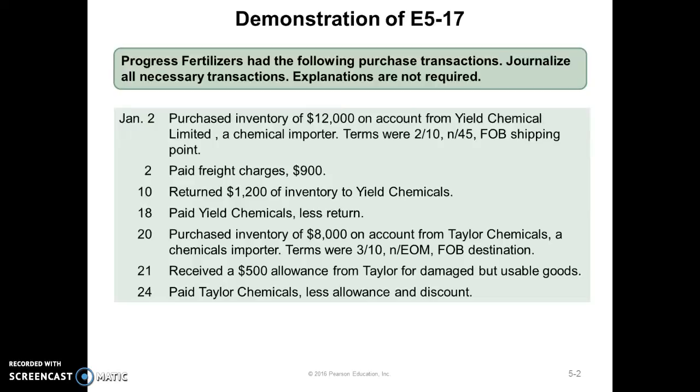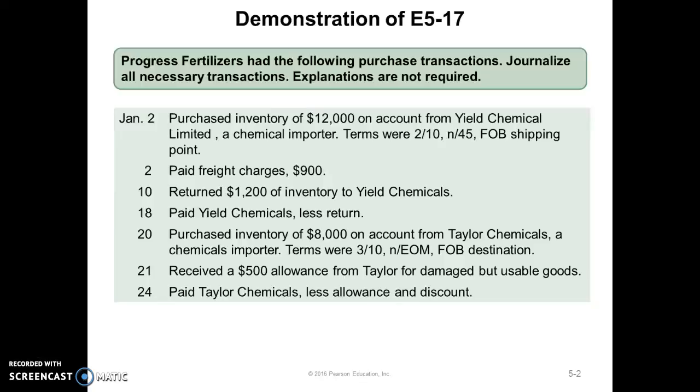FOB shipping point. What does FOB shipping point mean? There's FOB shipping point and there's FOB destination. FOB shipping point means as soon as you put that inventory on that freight truck, whatever is carrying it, that belongs to you, the person that's purchasing it. And normally when that happens, you pay the freight charges.